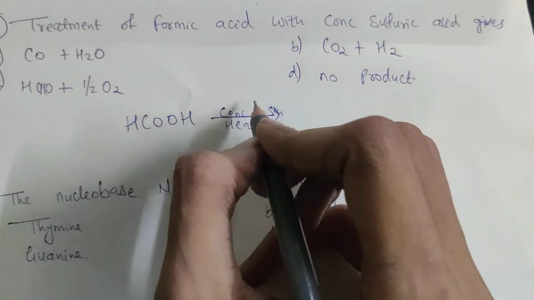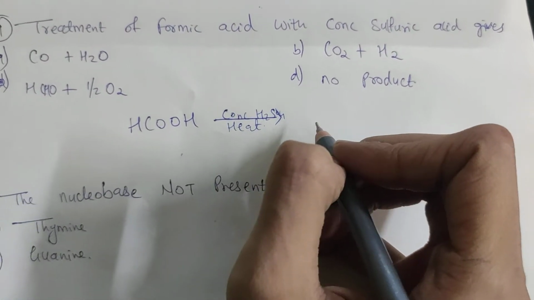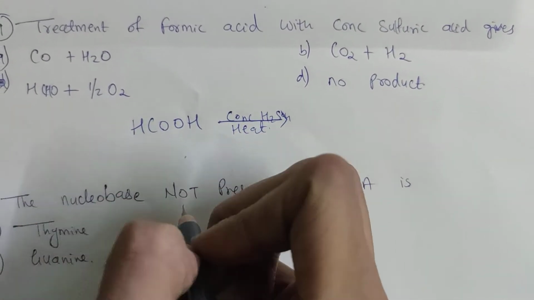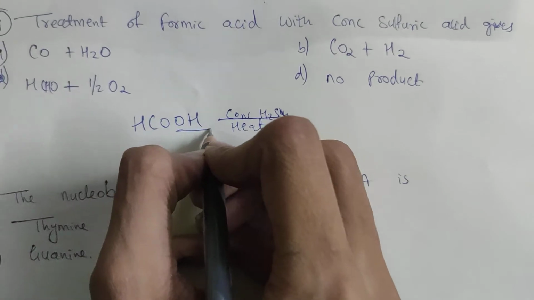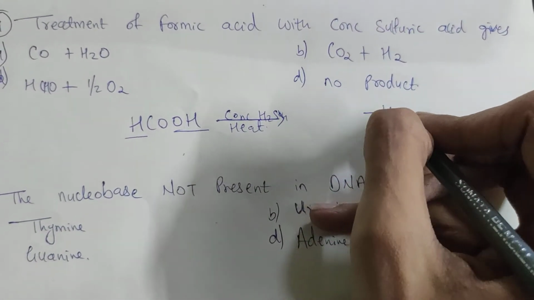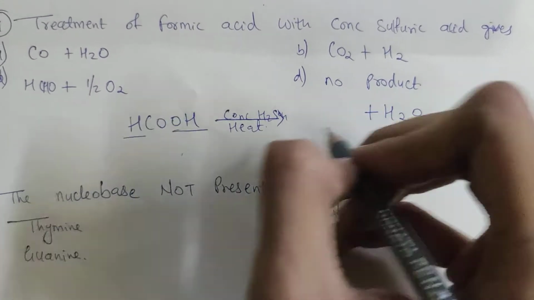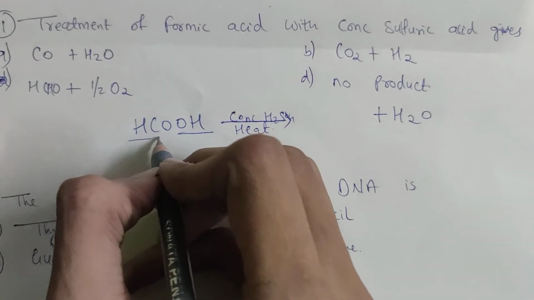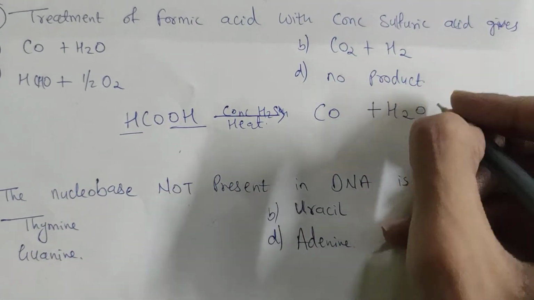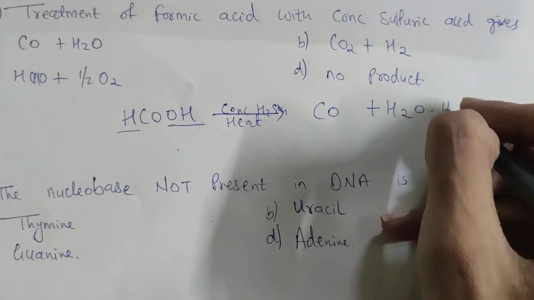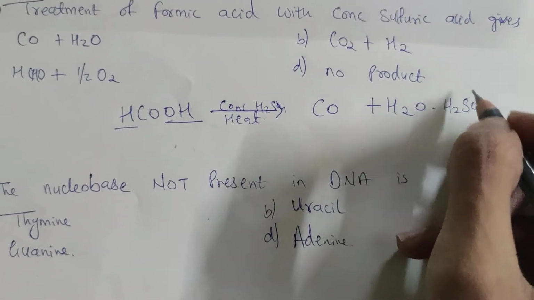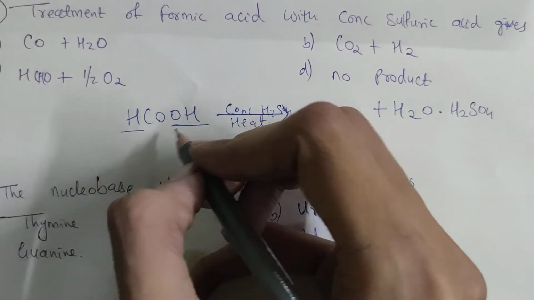Now we all know that concentrated H2SO4 is a dehydrating agent. That means it will draw out the water molecule from this. Now if you take out the water molecule from this, what remains? Okay, so H2O comes out and the other thing which remains is CO. This H2O comes along with H2SO4, because H2SO4 draws out the water molecule from the compound.